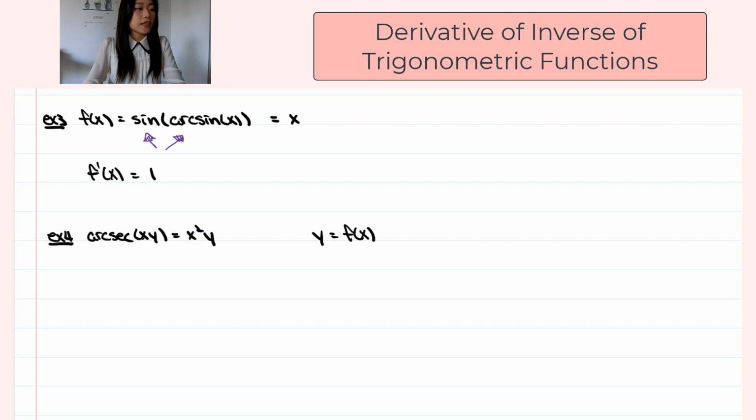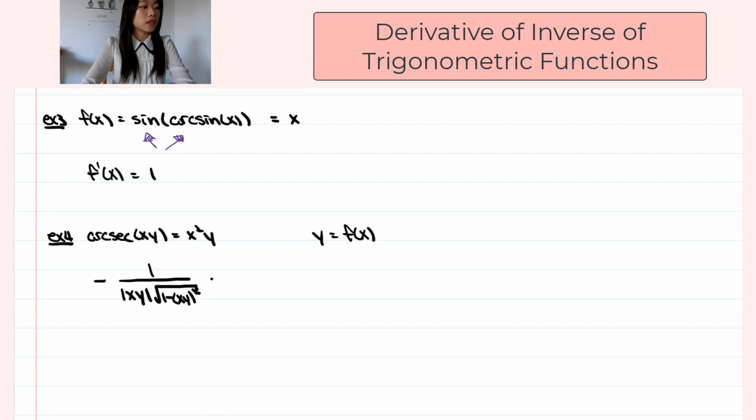On the left-hand side, if we take the derivative of arcsecant, it equals negative of 1 over the inner function, x times y, then the square root of 1 minus the inner function squared. And since x times y is a function of x, we have to use the chain rule.